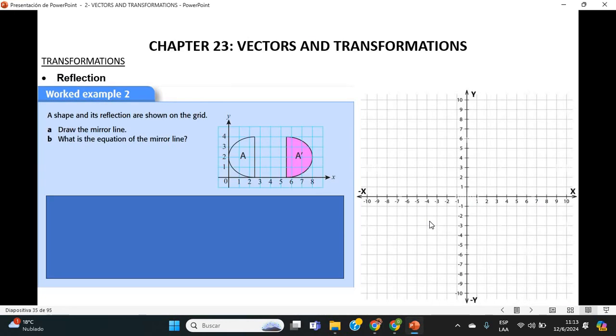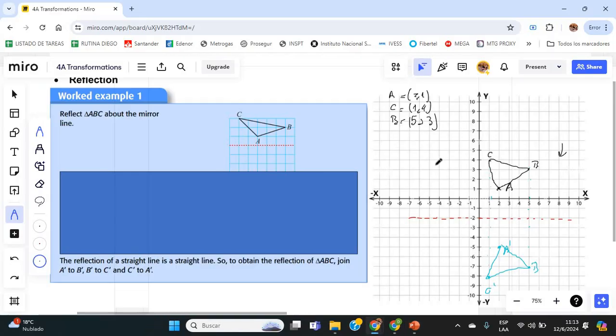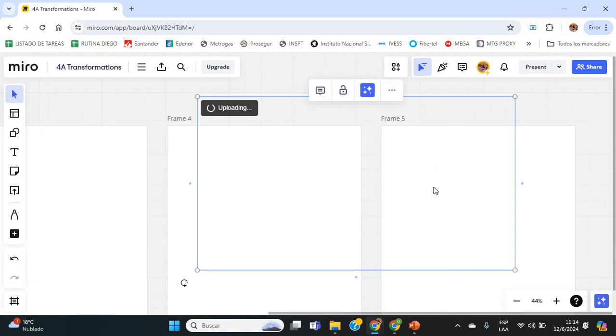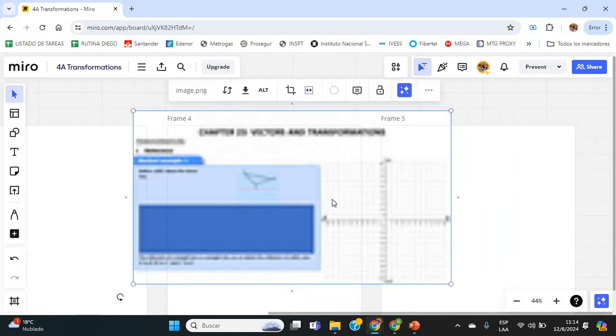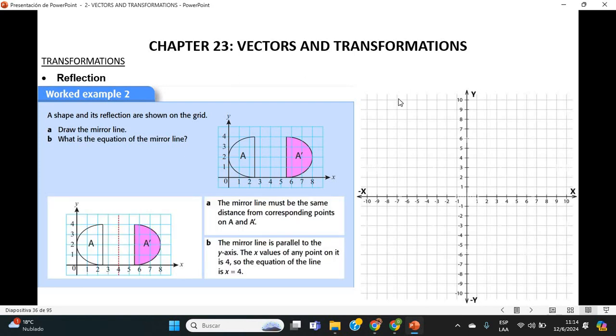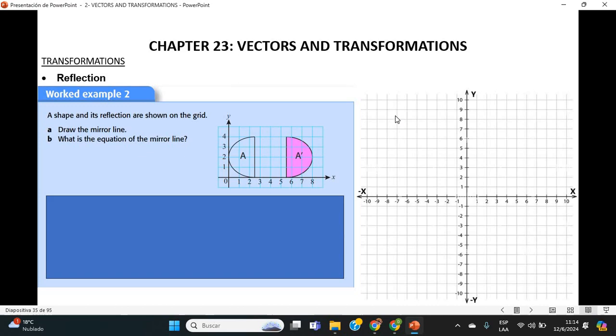Let's see what else. Here again, we have the transformation. In this case, it says draw the mirror line. No, not this one. That is okay.